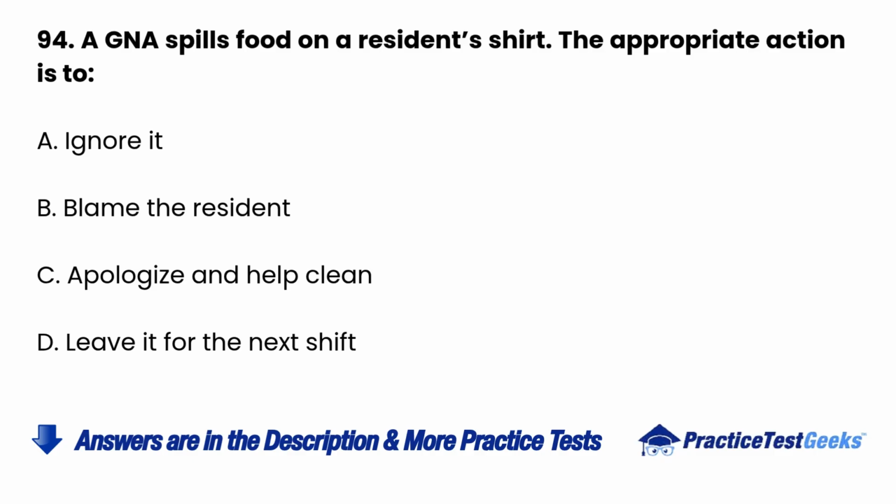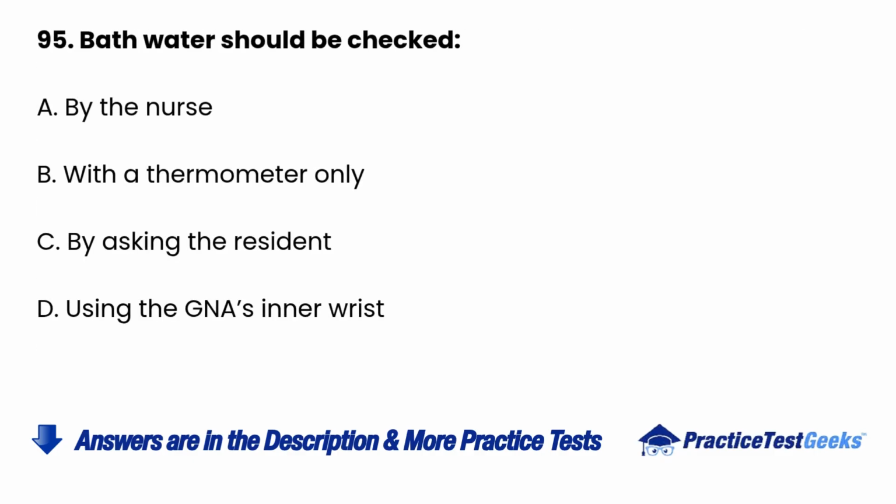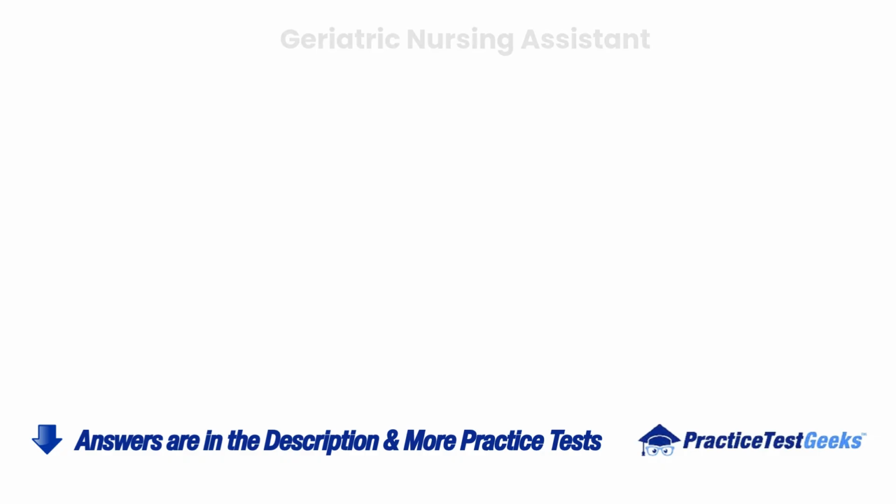B. Blame the resident. C. Apologize and help clean. D. Leave it for the next shift. 95. Bath water should be checked: A. By the nurse. B. With a thermometer only. C. By asking the resident. D. Using the GNA's inner wrist.